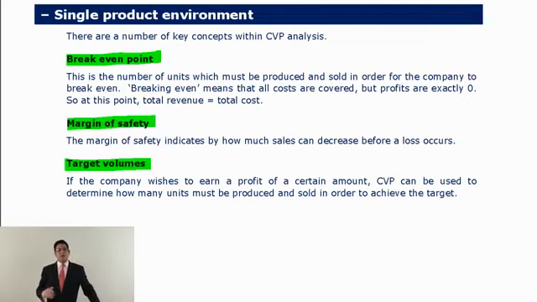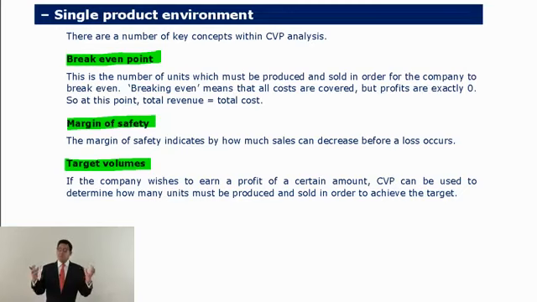Target volumes are simply the number of units the organization needs to sell in order to not only recover the break-even volume, but also some target profits. In a number of cases the company has signed agreements with banks and needs to pay off interest, or the directors are under pressure to pay dividends to the shareholders.